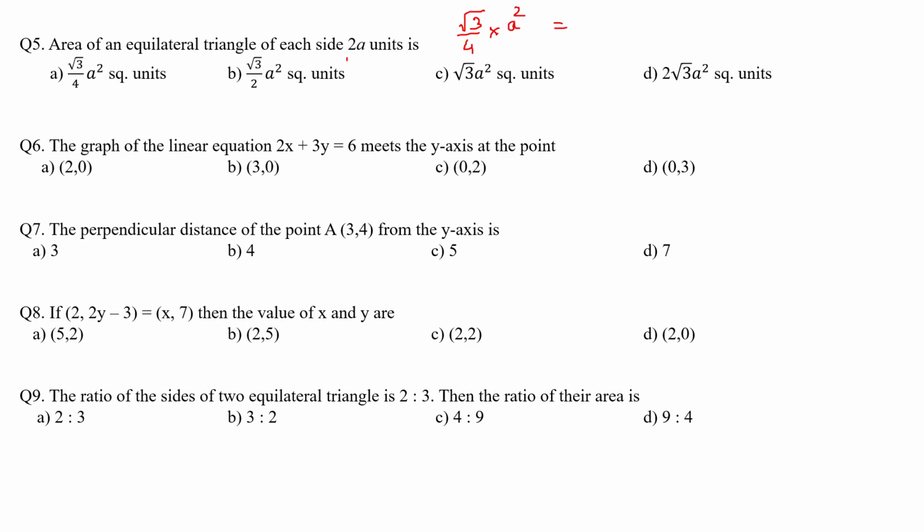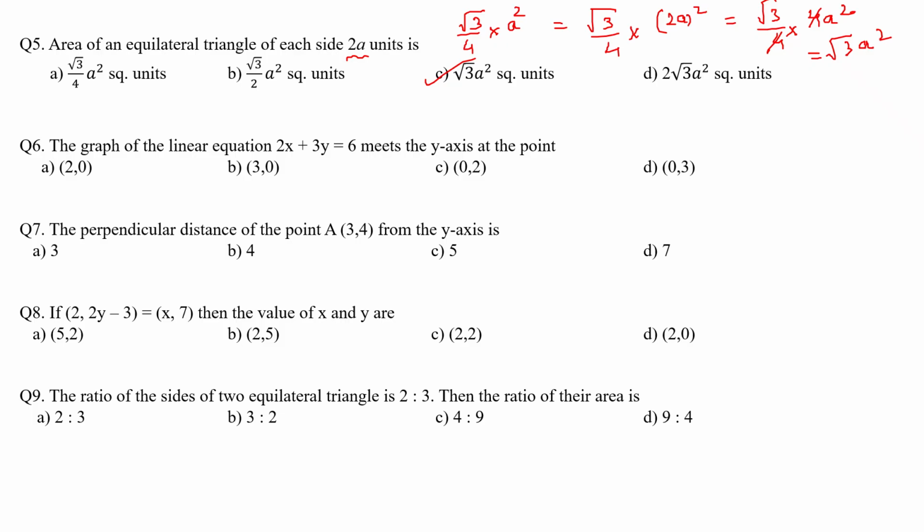But in this question, the side is given as 2a. It means you have to replace a with 2a whole square. So it will be root 3 by 4. 2a whole square will give me 4a square. So 4 and 4 cancel and I will get root 3a square square unit. So option C is the correct answer.